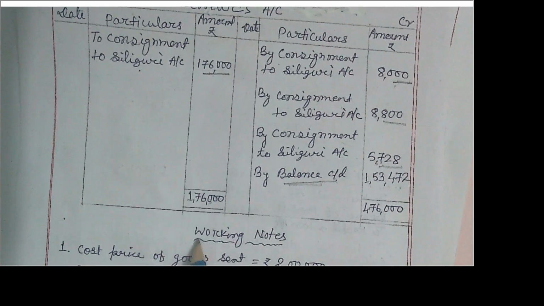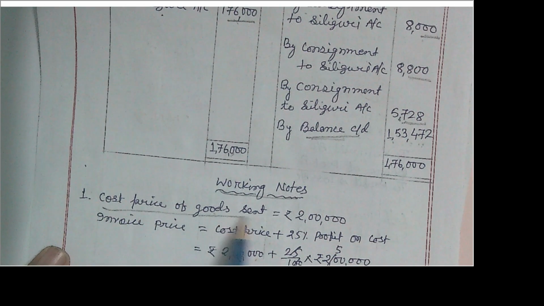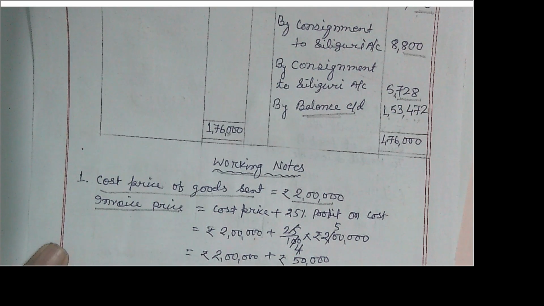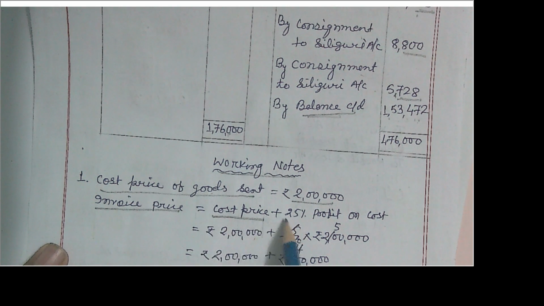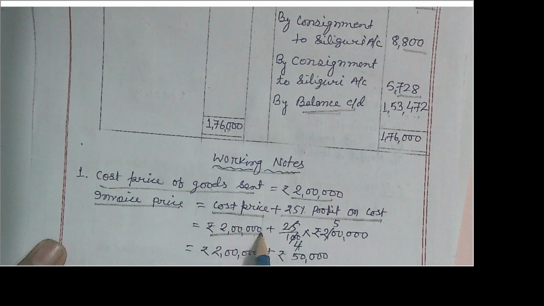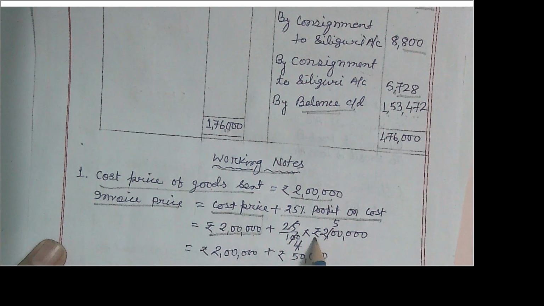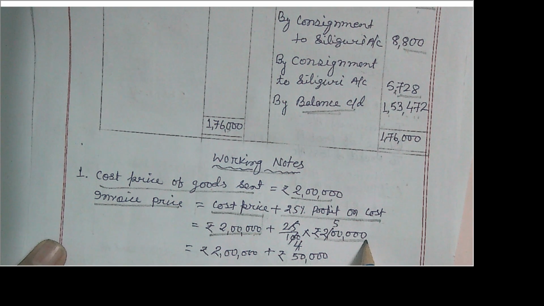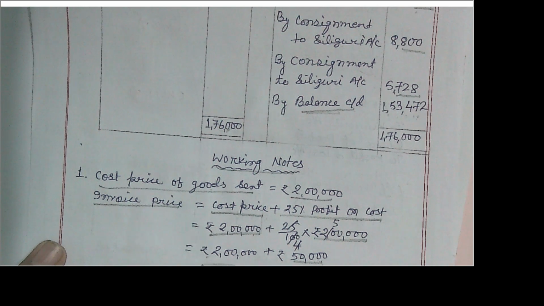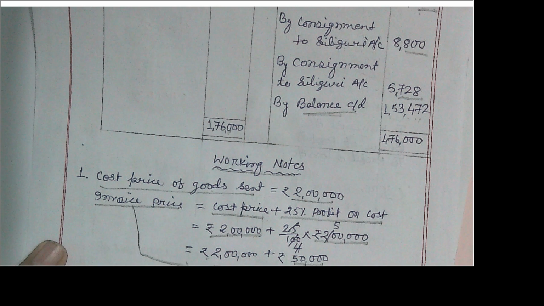Now the working note. Here you see the working note, cost price of the goods. The cost price of the goods sent is 2 lakh rupees, and we made it the invoice price by adding the extra amount: cost price plus 25% profit on cost. So cost 2 lakh plus 50,000 becomes 2,50,000, the invoice price, and this invoice price has 50,000 extra, which is the loading we have to do here.